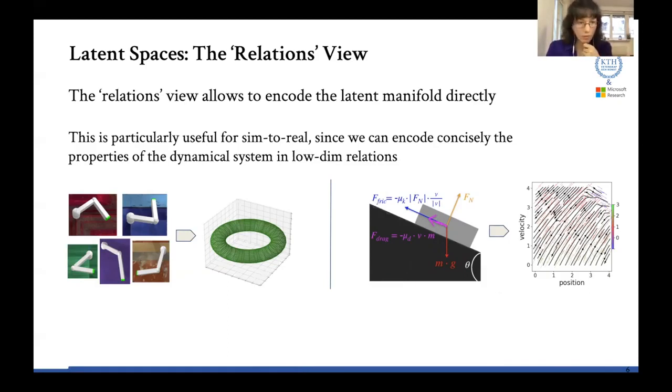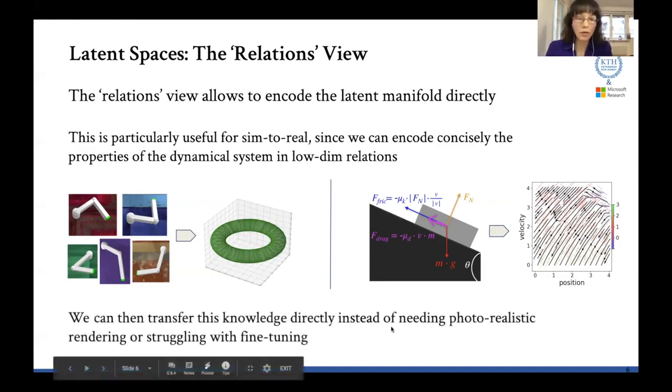And I will explain later what this image means. And we basically understand what the data manifold is that corresponds to this system. Then we can directly use this later on to transfer the knowledge about the structure of this manifold when we are learning on our target domain. So that's overall the setup.